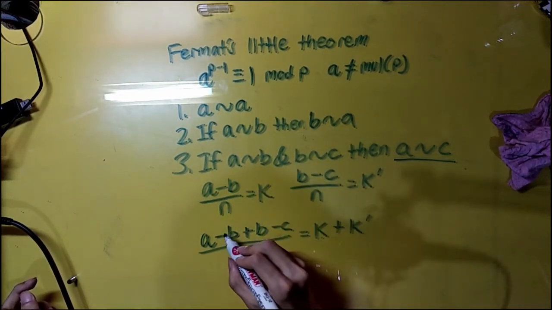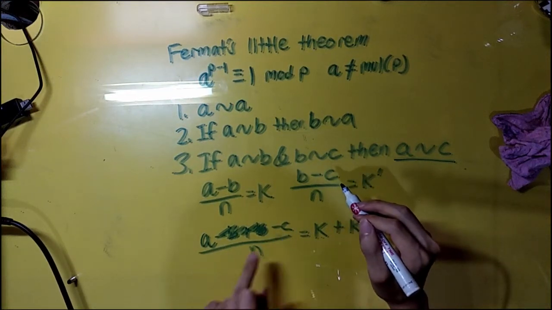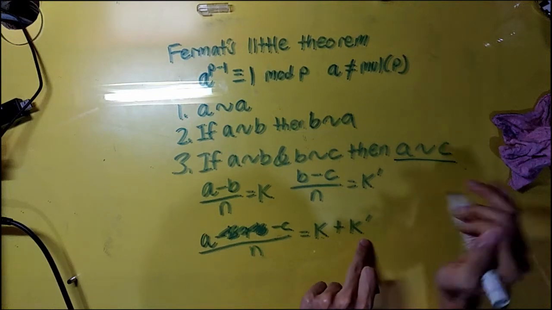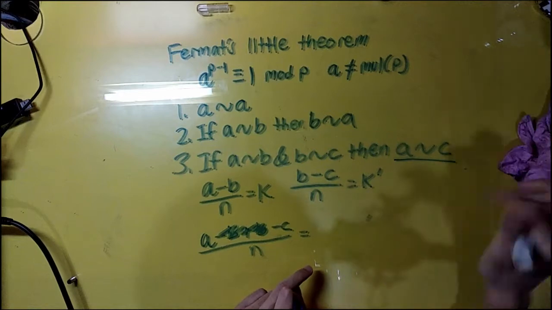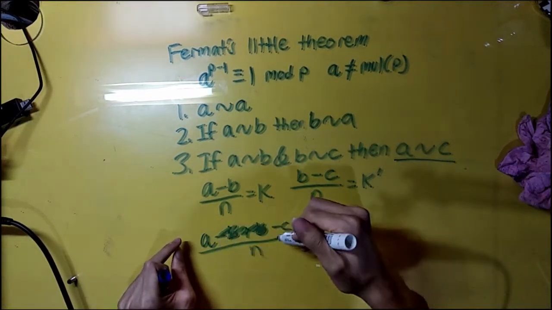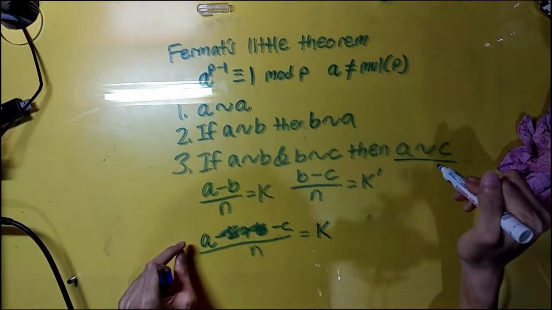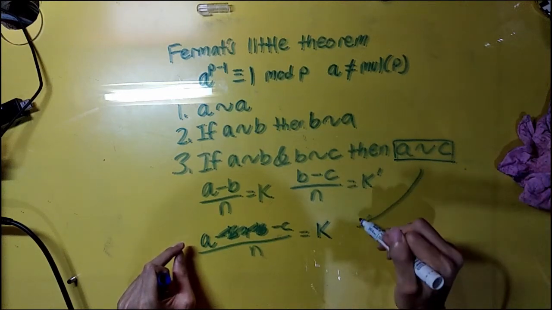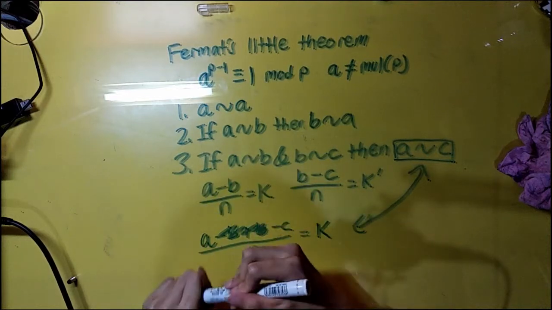And look, the B's cancel out, right? And what you're left with is A minus C divided by n is going to give out a whole number plus a whole number, which is a whole number, basically. So you can erase this and say k, because k is a whole number. A minus C divided by n is equal to k, a whole number. This means that this thing is true. And again, that means that we have proven statement number 3.